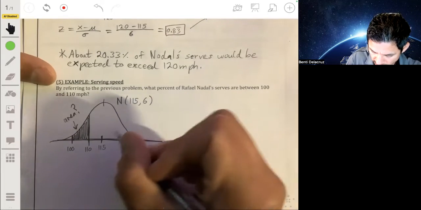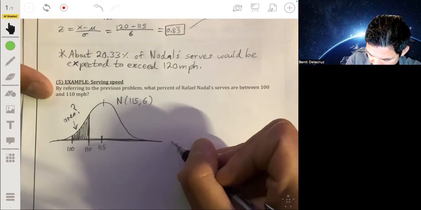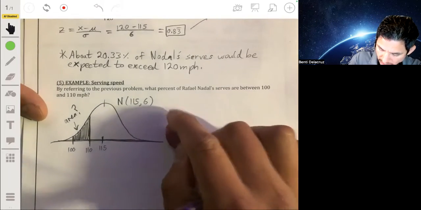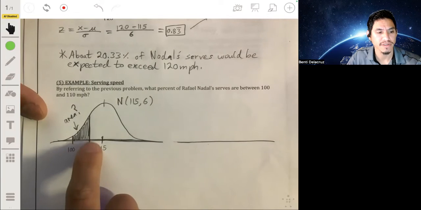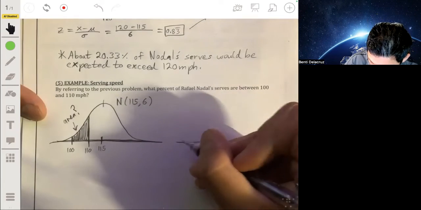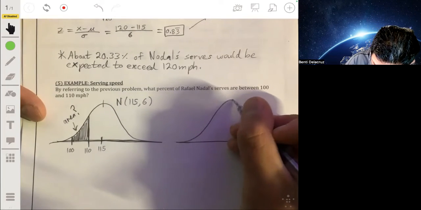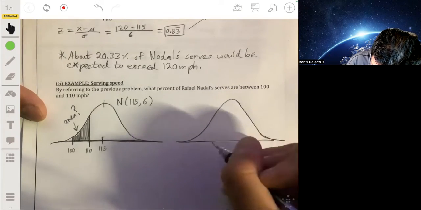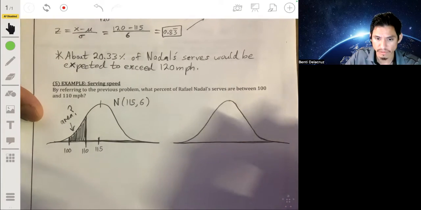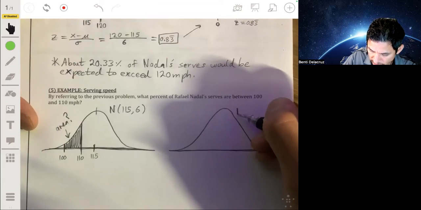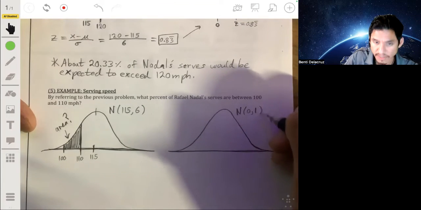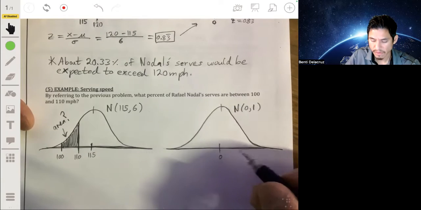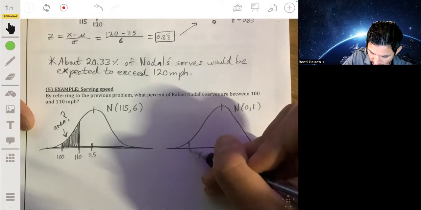So we, again, are going to standardize this and look at the corresponding area between the corresponding Z scores. So we can draw, again, a standard normal distribution, where the mean is 0 and the standard deviation is 1. And we want to find these Z values.